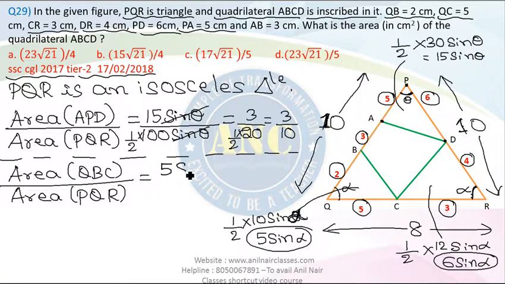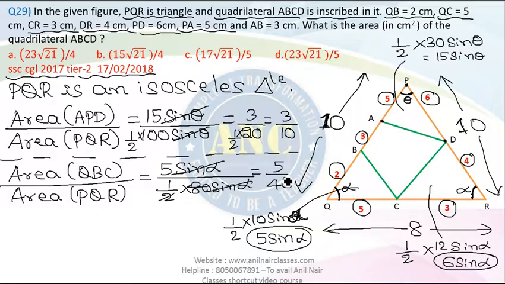The BQC area is 5 sine alpha. Now this is half into, forget about the opposite side of alpha, which is PR, multiply the other two sides, 10 into 8 is 80, so half into 80 sine alpha, or the sine alpha will cancel, half of 80 is 40. 5 by 40 is what I am getting in this case, right?